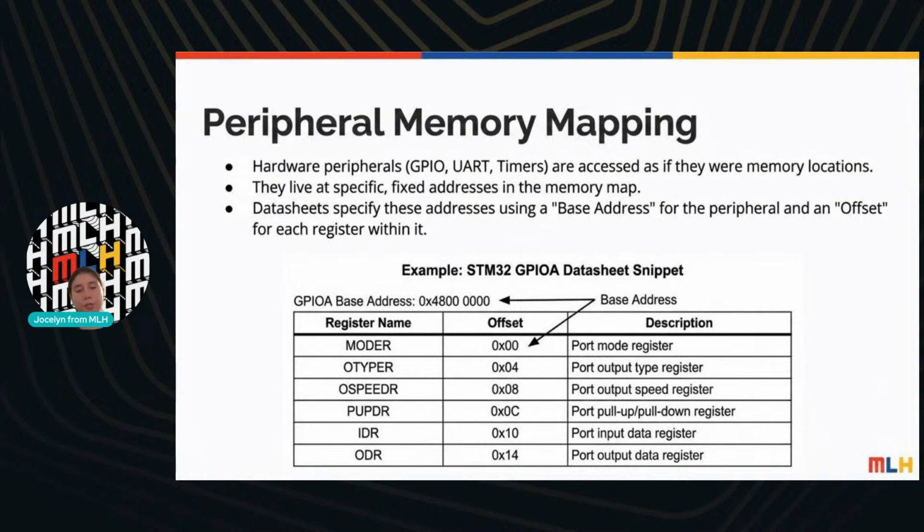You now understand what a register is, and you know that a register holds bits, so you can store things in there. From the memory map, what you need to know is that we will always have a base address for things, and then offsets for each different register, so we make sure that we access each register that we want.